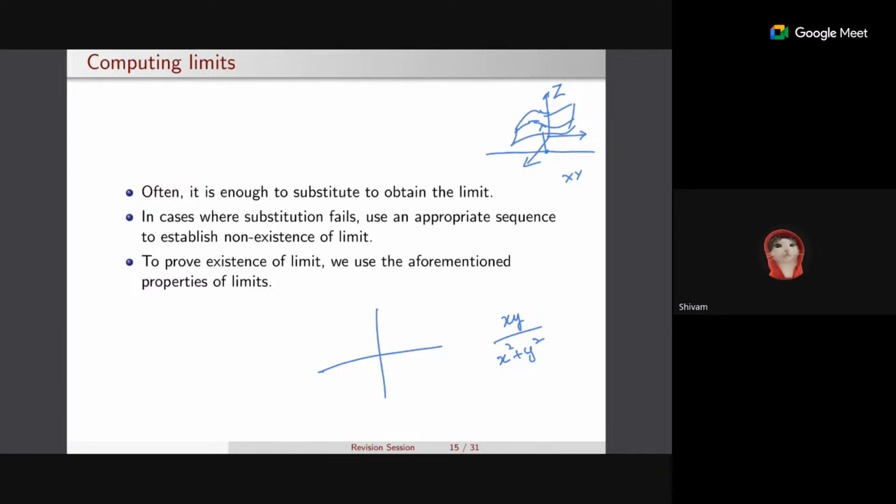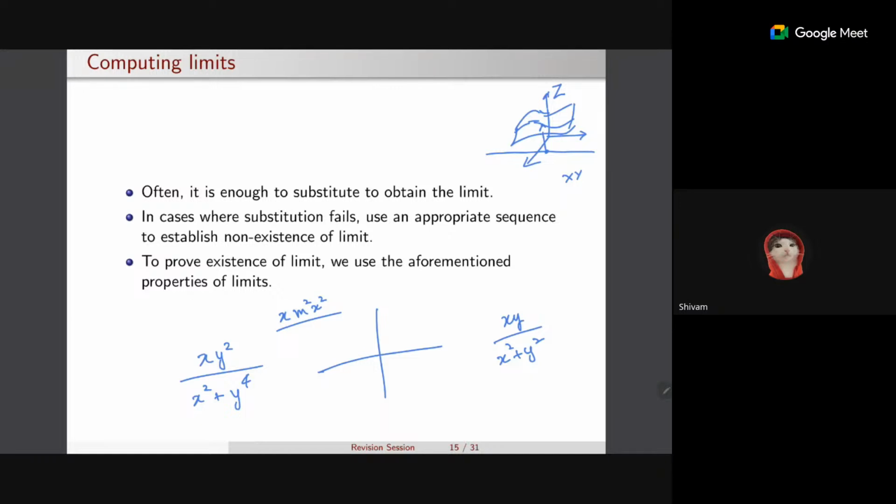So this function, which is xy square divided by x square plus y to the power 4. You can check that along y equal to mx, you will get m square x cubed divided by... Is this what I want?